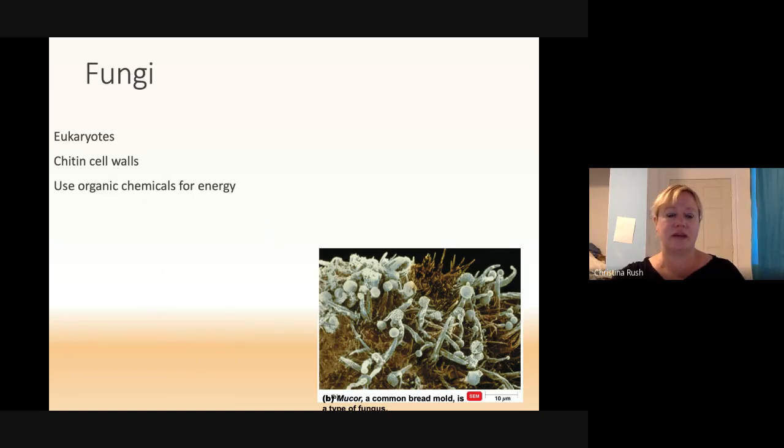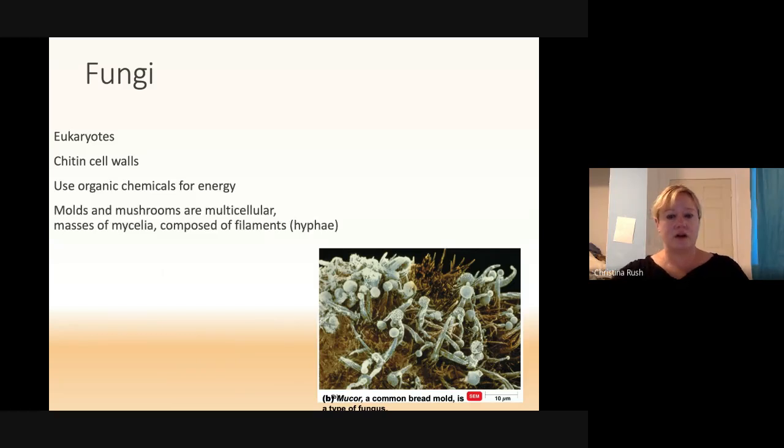Fungi use organic chemicals for energy. Oh, I forgot to say these are eukaryotes. I mean, I did say it, but I didn't say it. Eukaryotes have enclosed organelles. So they have a nucleus. They have an endoplasmic reticulum. So there are multicellular fungi. Those are molds and mushrooms.